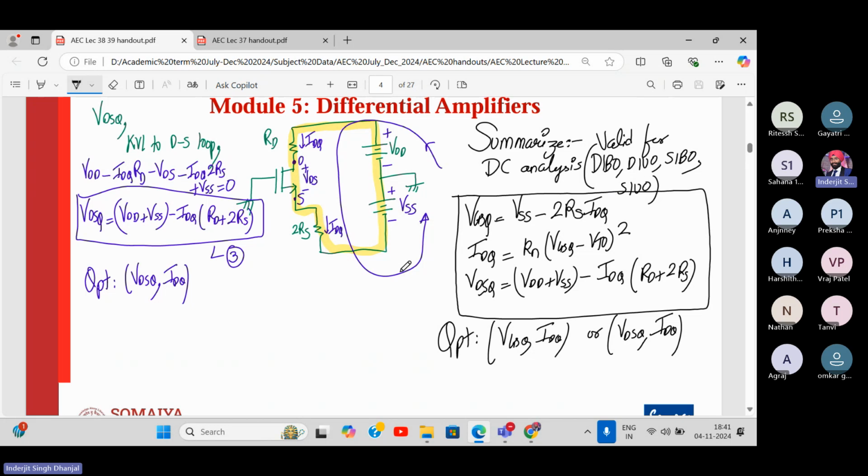Completed, yes or no? Yes. All right. Now, you have written the formulas.